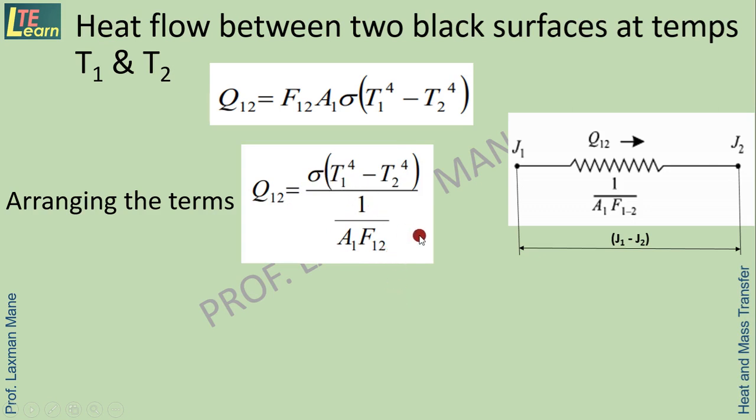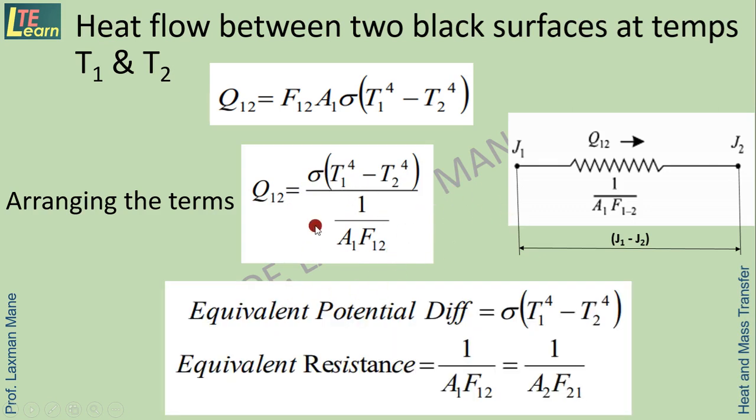Now comparing this, the numerator is the equivalent potential difference, that is J1 minus J2, and the denominator is the equivalent resistance. This formula is for heat exchange from surface 1 to 2, and this is for heat exchange from surface 2 to 1. So these two formulas can be used.